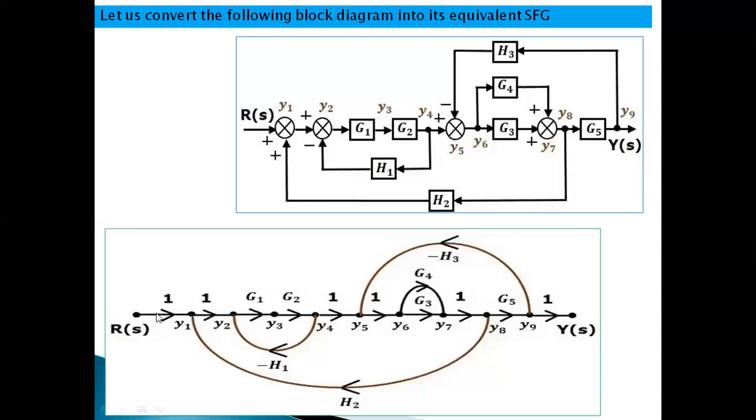The first forward path is directly along the main line, so it reaches Y of X. The second forward path: the same signal travels up to point Y6, and again it takes the G4 branch and reaches the final one. The signal can travel in this direction also to reach the output.